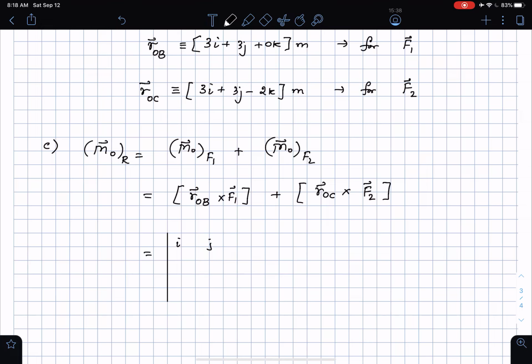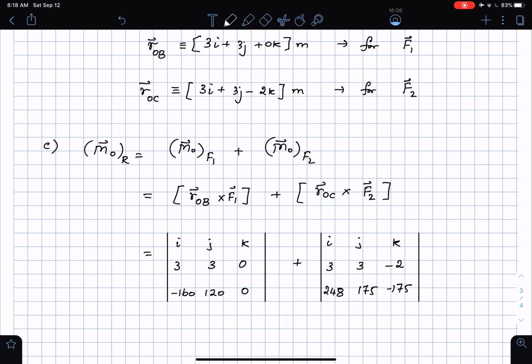So i, j, and k, that's the first row. Then the second row is filled by the elements of the position vector. The third row is filled by the elements of the force. And then I have to add this with the other cross product, which is i, j, and k. The second row is given by the elements of the position vector, R_OC. And then this is going to be 248, 175, and minus 175.